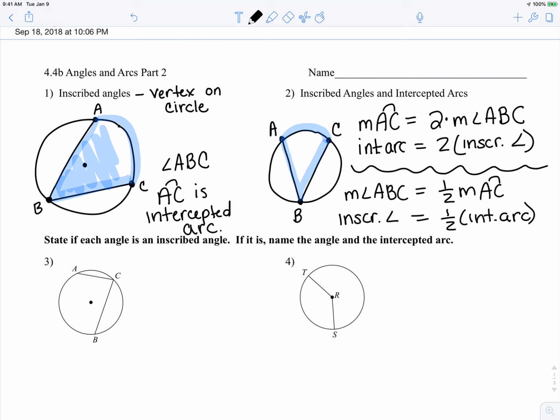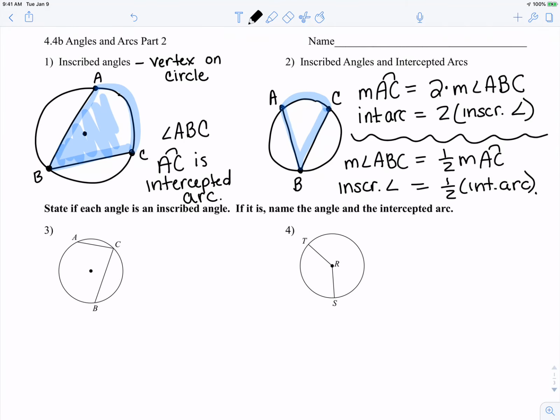Now just note and remember that the intercepted arc's measure is equal to the central angle measure. So that means by substitution in these formulas, I could put central angle measure right here, or central angle measure right here. So remember that the intercepted arc's measure and the central angle measure, we often switch out for each other.